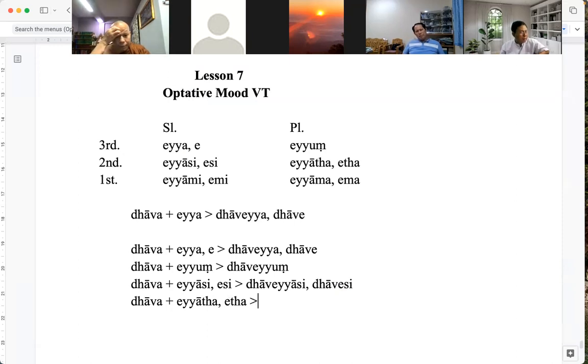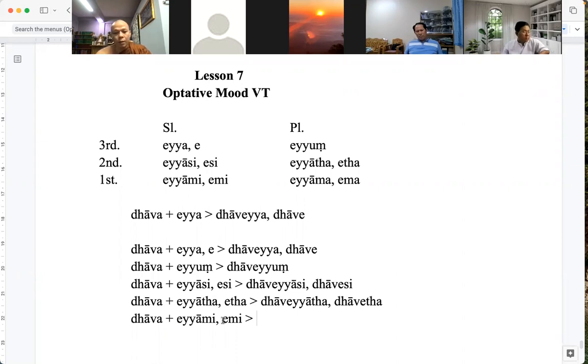So we have two forms, Dawiyata and then Dawita. In the same way, first person singular, the dawa base and then mi.